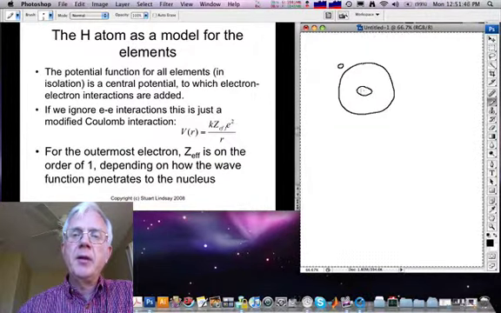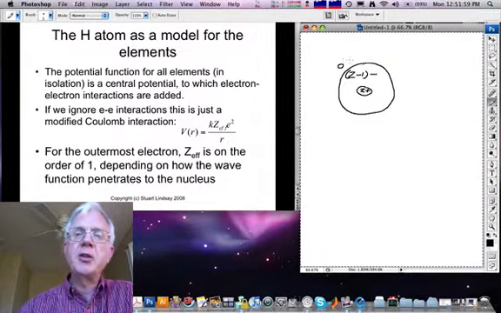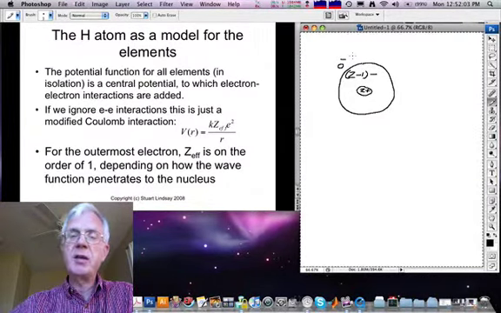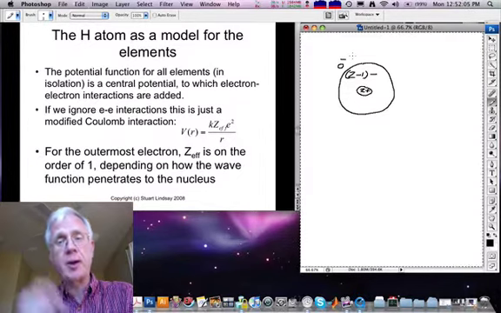And then in the middle, a nucleus containing Z, where Z is the atomic number, positive charges. So here we have Z minus 1 negative charges, and out here the negative charge associated with the outermost electron.